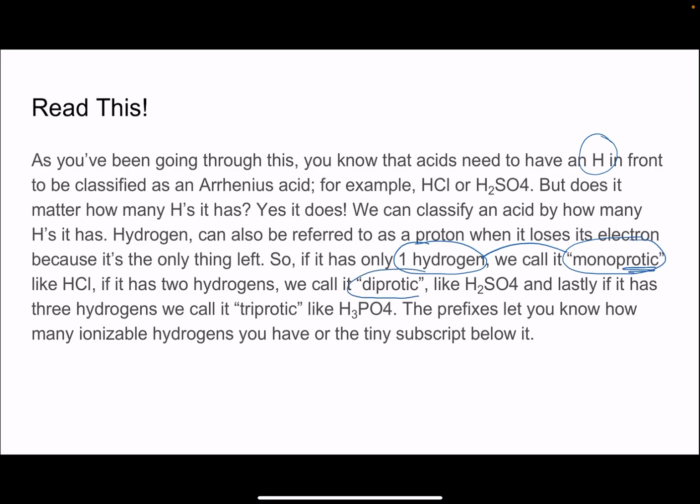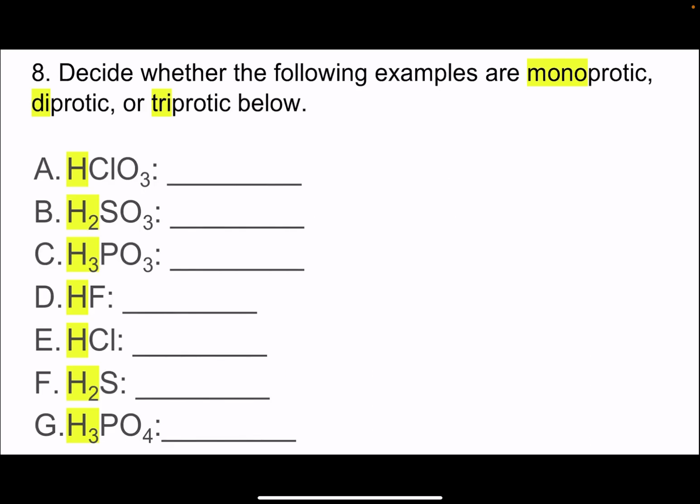If it's diprotic, we're going to see that there are 2 hydrogens. And if it's triprotic, we're going to see it has 3 hydrogens. So the tiny subscript below the H lets you know whether it's going to be mono 1, di 2, or tri 3. So you might want to highlight that in your POGIL as you're going through it. So decide whether the following examples are monoprotic, diprotic, or triprotic.